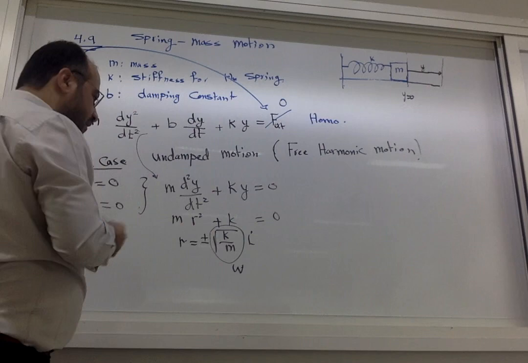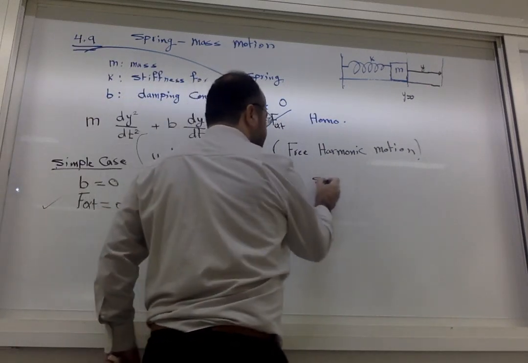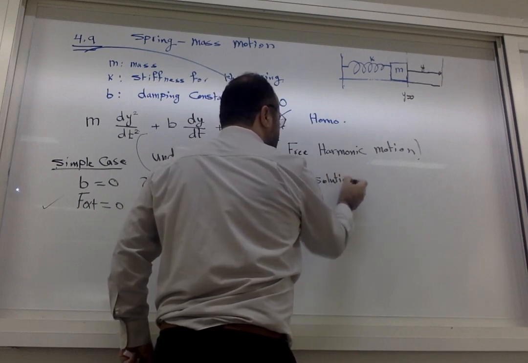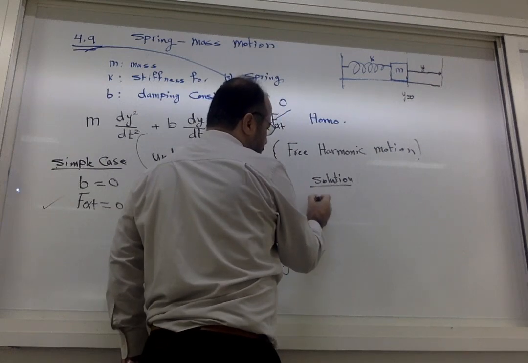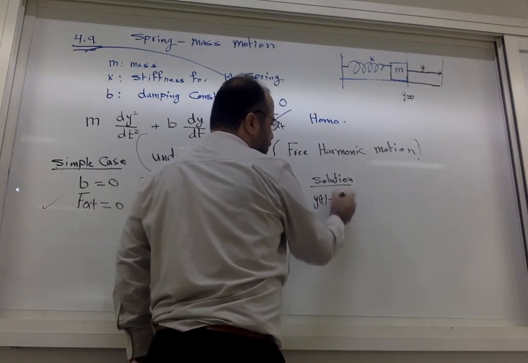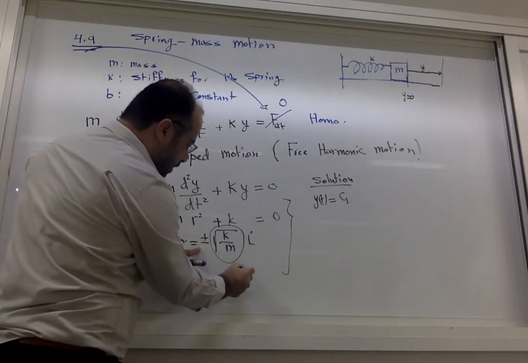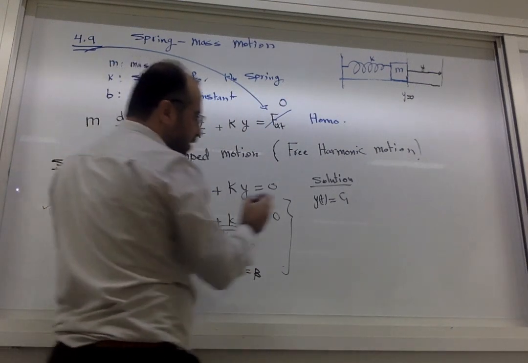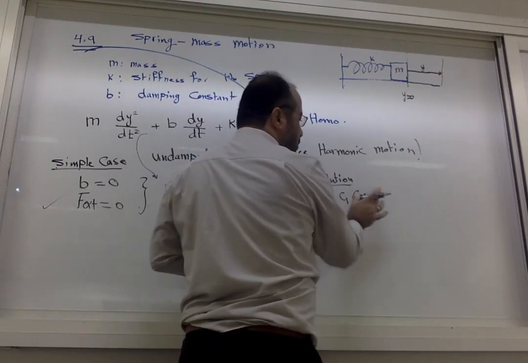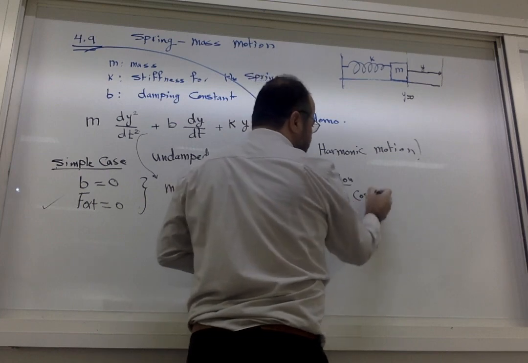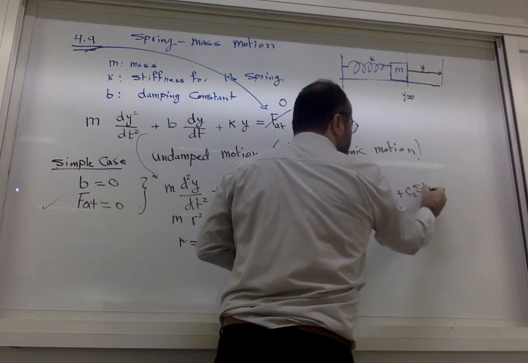In this case, the solution for the simple case will be y of t equal to C1, because alpha is 0 and omega is the same as beta, so you're going to have no exponential term. You're going to have a pure trigonometric function: C1 cosine omega t plus C2 sine omega t.